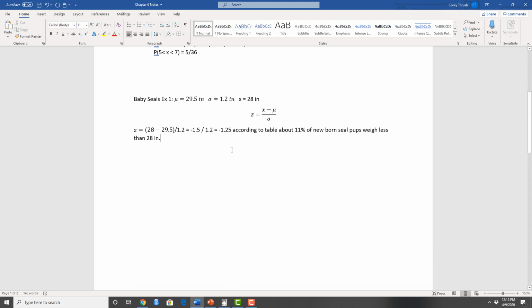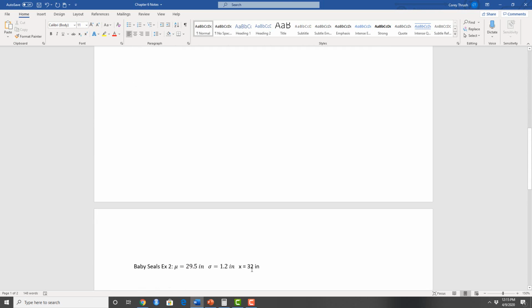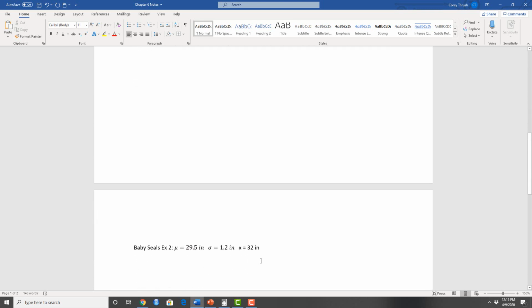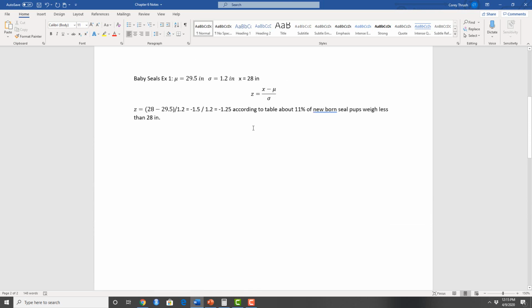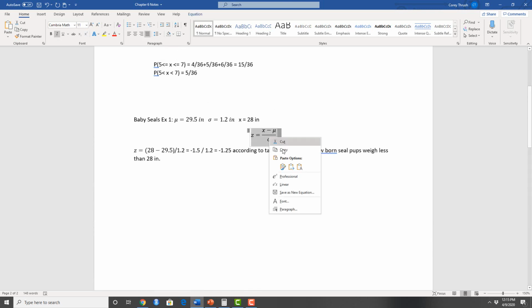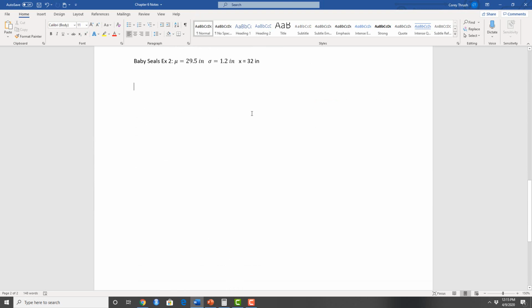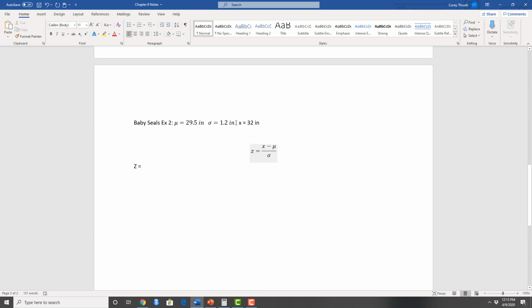So what if we wanted to figure out how many were born shorter than 32 inches? Well, we have this formula, so copy and paste it. Using this formula again, we have an x of 32 minus 29.5 divided by 1.2.